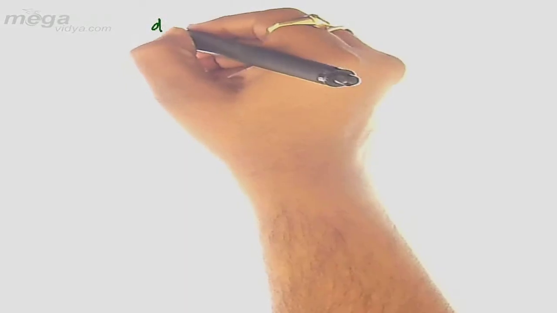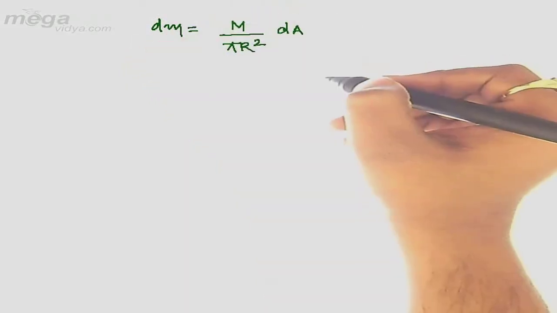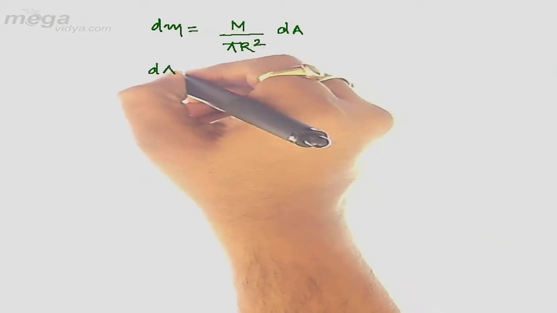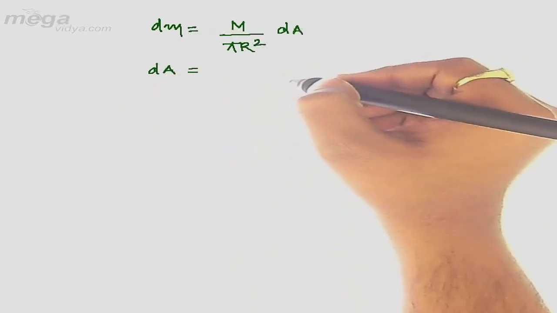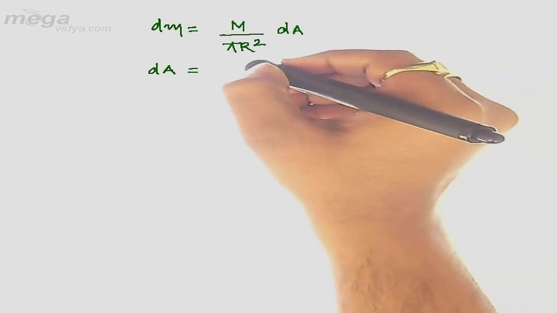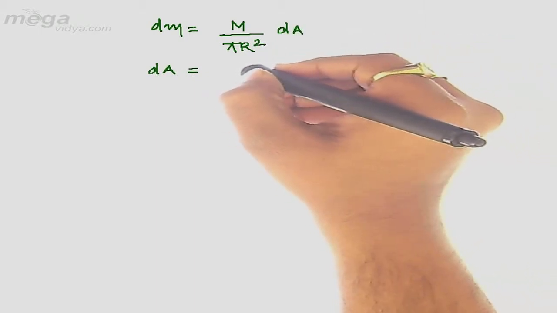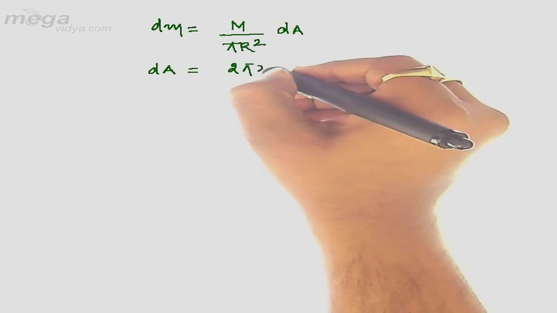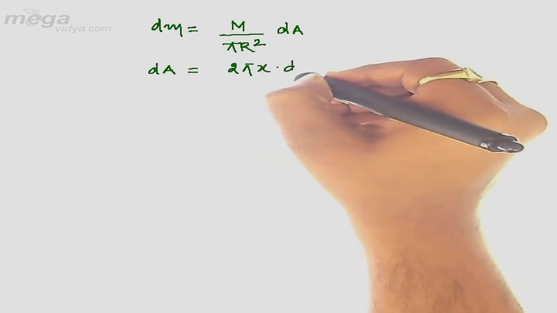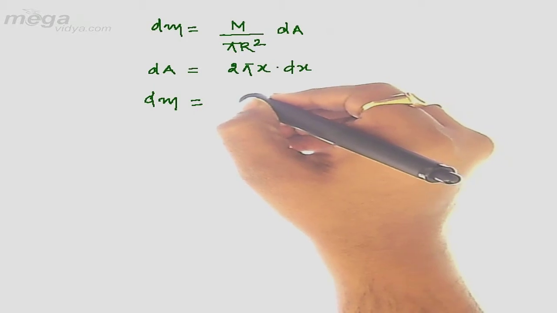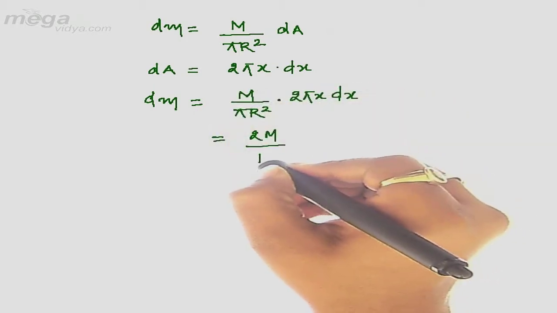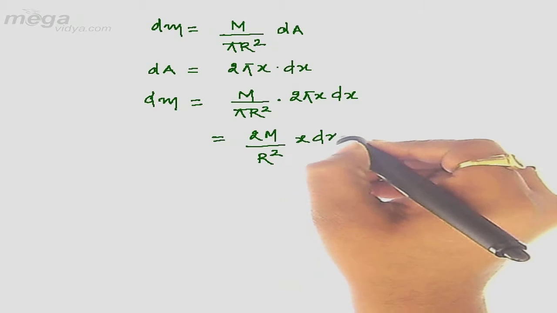Now we have to calculate dA. Basically dA is the area of the elementary disk, which is the length of the elementary disk, 2 pi x, times its thickness dx. So the mass of the elementary disk will be equal to 2m upon r square x dx.